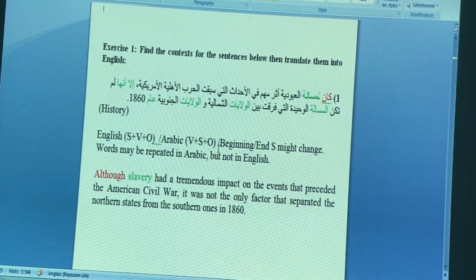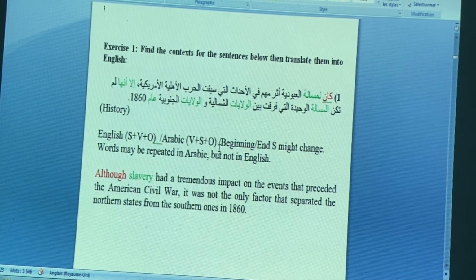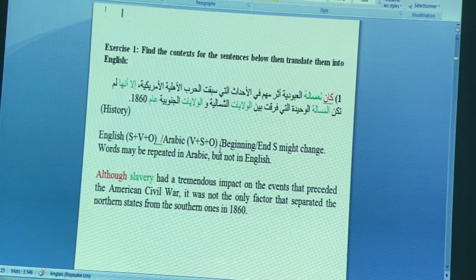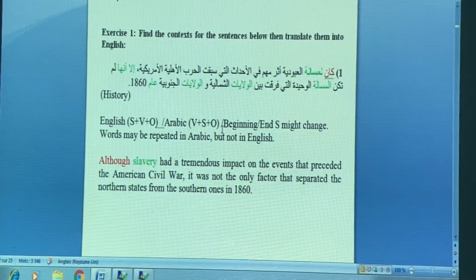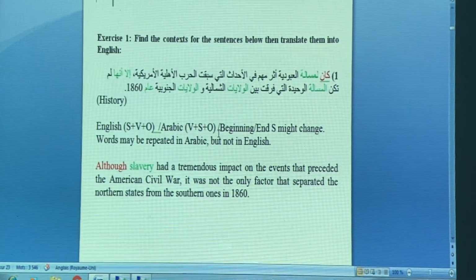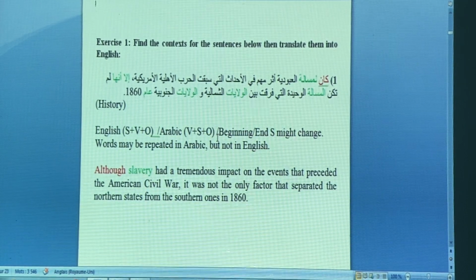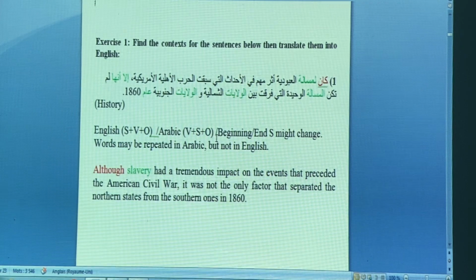Very, very rarely in Arabic do we find sentences starting by nouns. Probably for emphasis or for, let's say, literary reasons. When a person is writing a poem, he changes the structures of sentences, etc. But remember that all the sentences you will be translating must start with al-jumla al-fi'liya in Arabic.